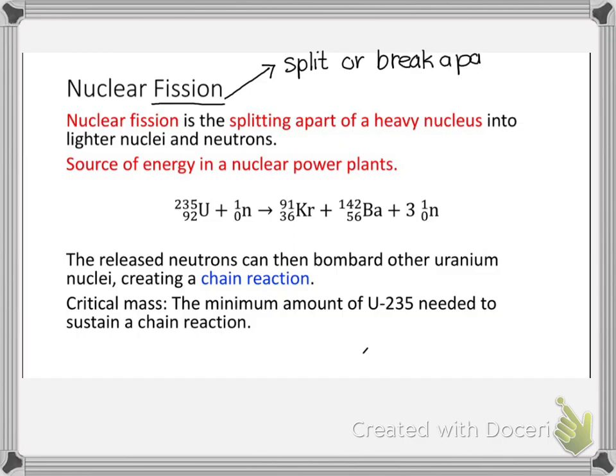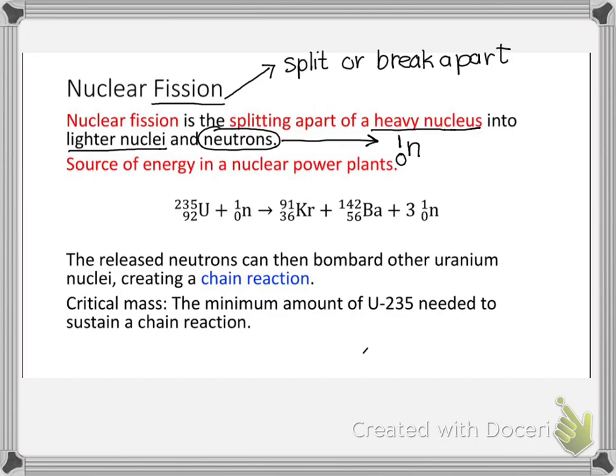So in nuclear fission, we're splitting heavy nuclei, so larger nuclei, into lighter ones, and look what else they're going to make, neutrons. The symbol for a neutron in nuclear reactions is a 1 on top, a 0 on the bottom, and the lowercase n.